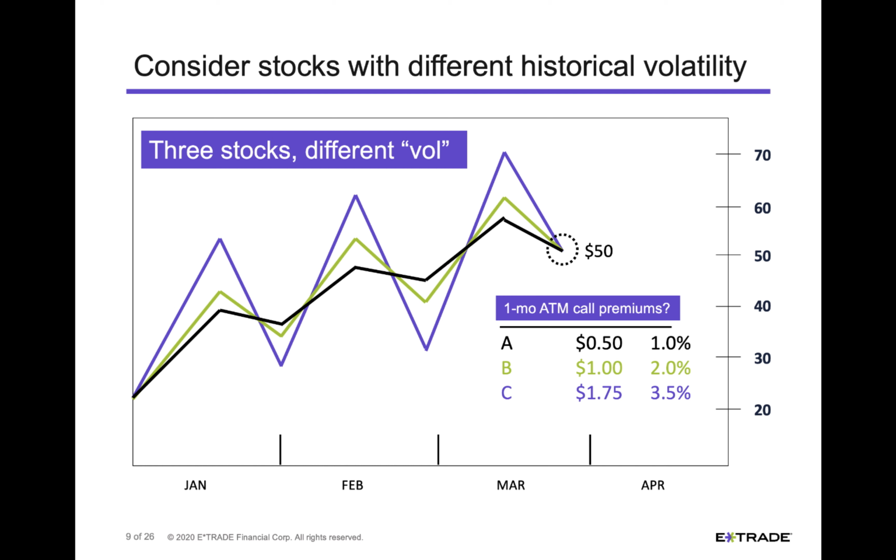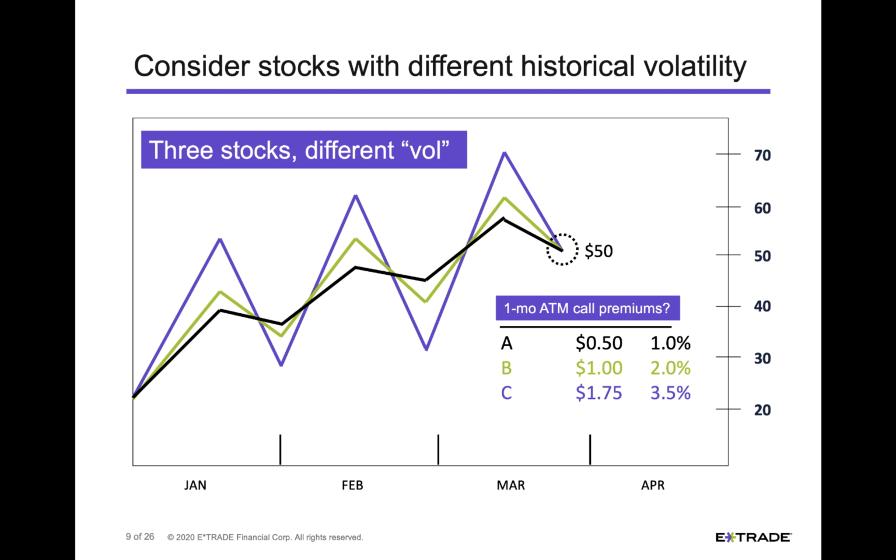So as people say, hey, we've got this XYZ.com stock that's about to release earnings next week, I'm thinking about taking a position in there. Well, if historically it's been very volatile, and next week is earnings, you're going to have a combination of high historical volatility and probably high implied volatility as well.